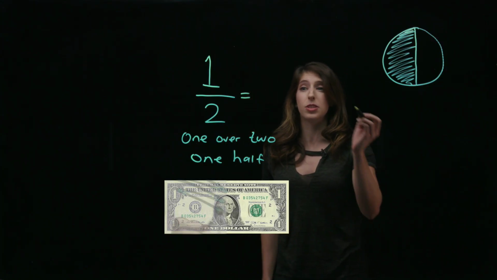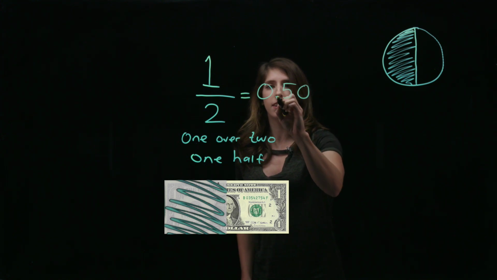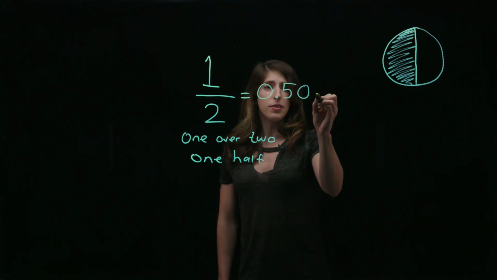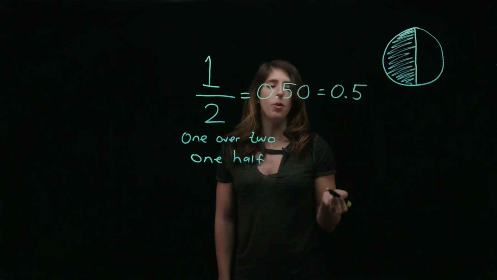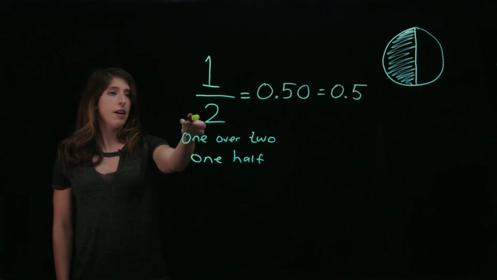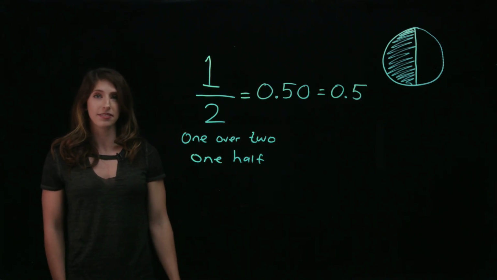Well, what is half of a dollar? That would be 50 cents. But it turns out the 0 after the 5 is optional. You could just write this as 0.5. Either way, we can see that the fraction 1/2 is equal to 0.5 as a decimal.